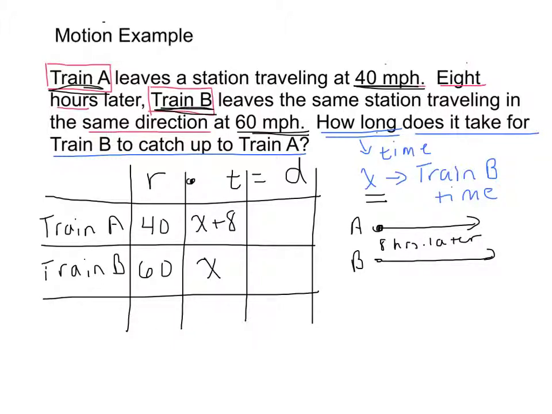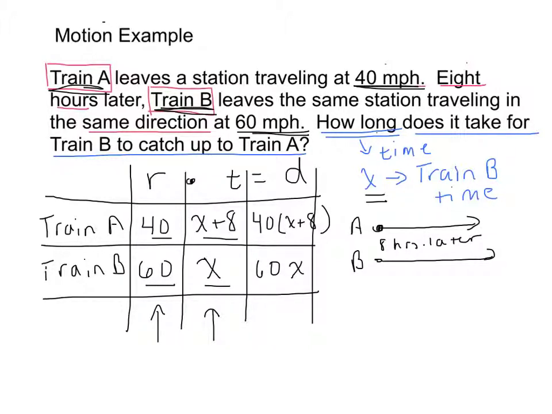So anytime you have two columns filled in, you can fill in the third using that information. So if I want to know the distance that train A has traveled, I don't have an exact number, but it is 40 times (x plus 8), because it's rate times time. The same with train B. It's going to be 60x, again, rate times time.